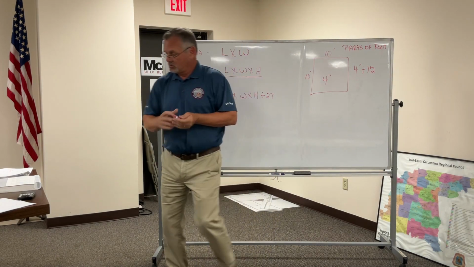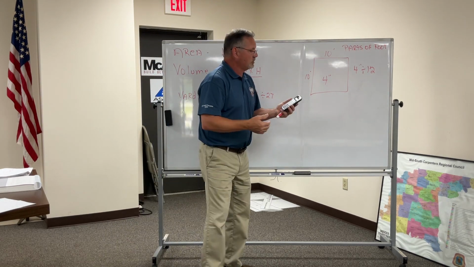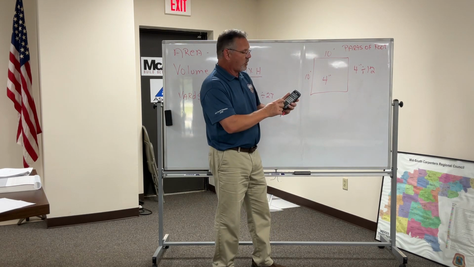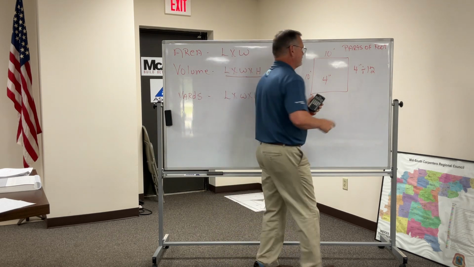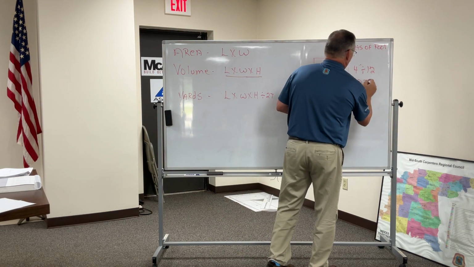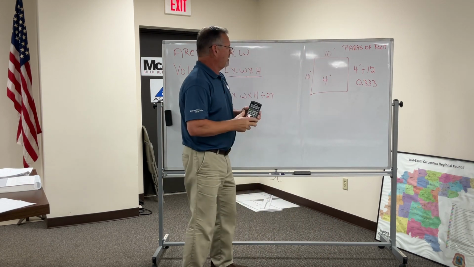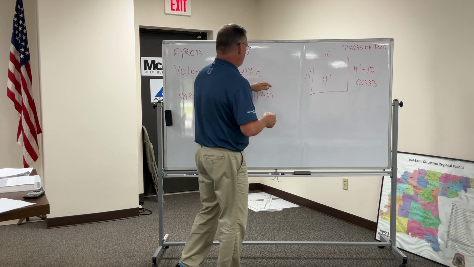And we can grab our calculators and we can actually do this equation right here. And it's just 4 divided by 12 equals 0.333. Now we have a decimal equivalent number that we can actually put into the equation.